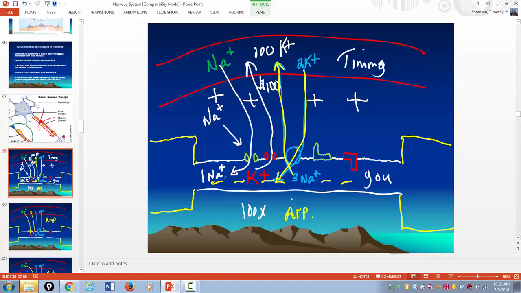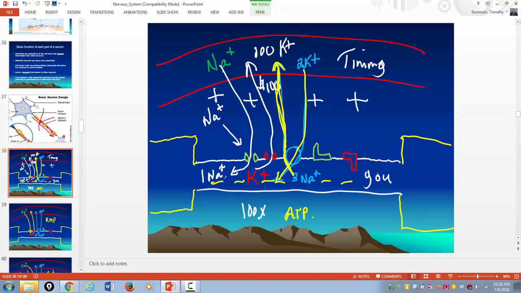And that sodium-potassium pump needs ATP in order to work. And the question that should immediately come up is, well, why 3 sodiums and 2 potassiums? That's to allow for that positive on the outside and negative on the inside.